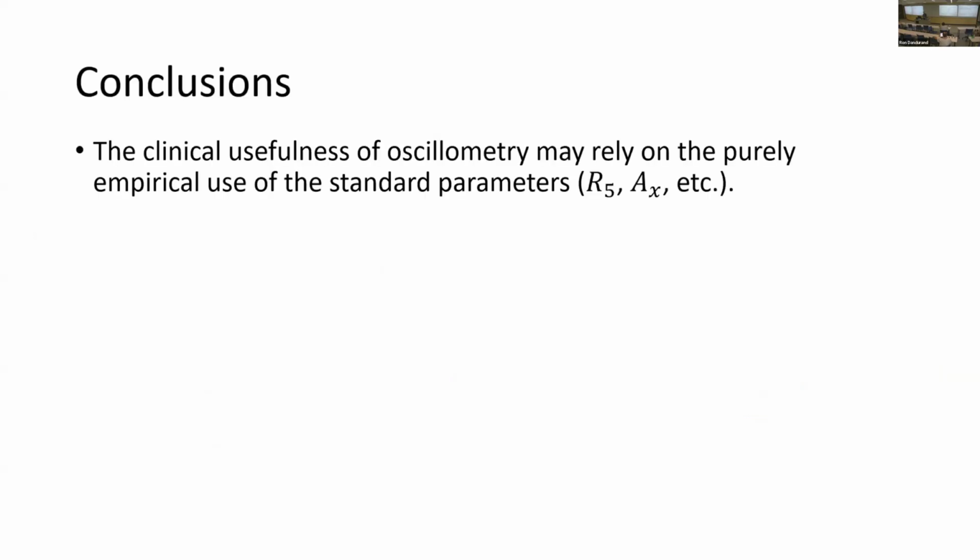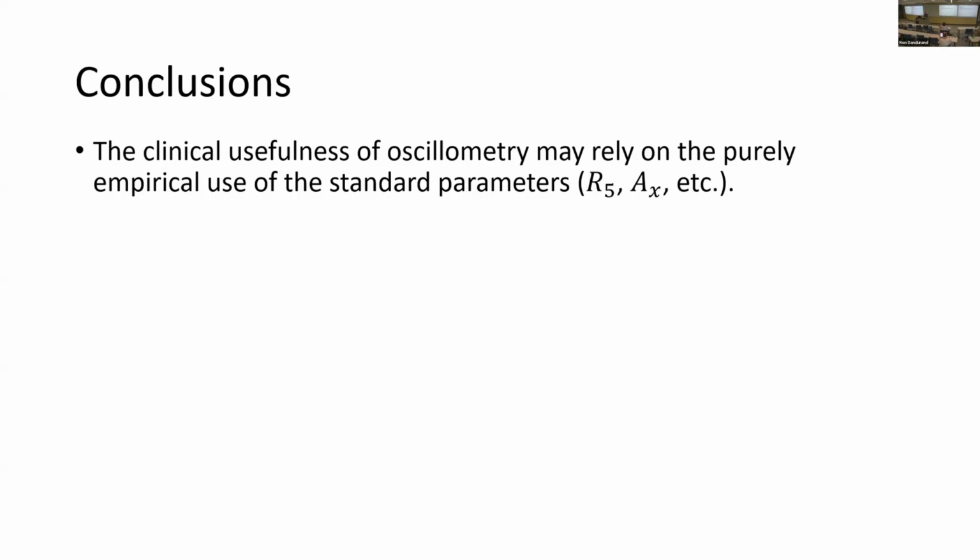So the conclusions are the clinical usefulness of oscillometry may rely on the purely empirical use of those standard parameters, which you've heard a lot about. And listening to the talks today, I'm getting the impression that that's mostly what's happening and probably is what's going to happen for the foreseeable future.